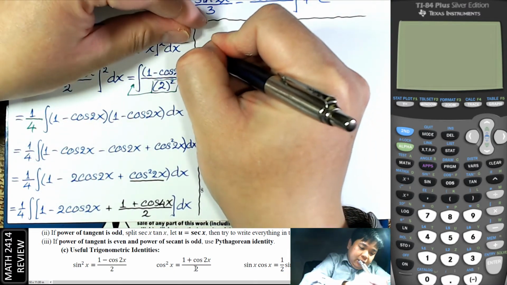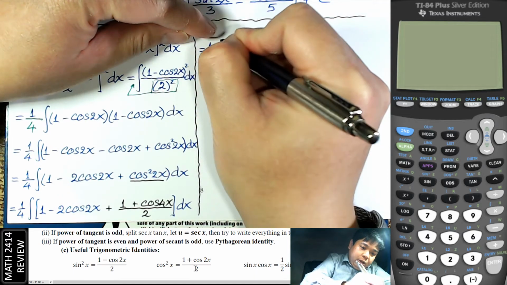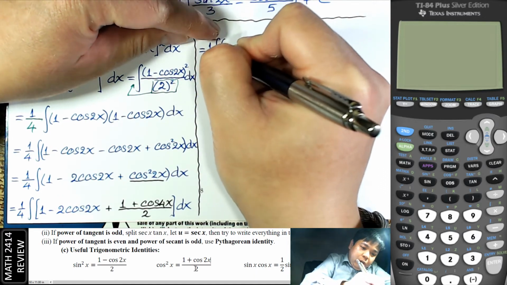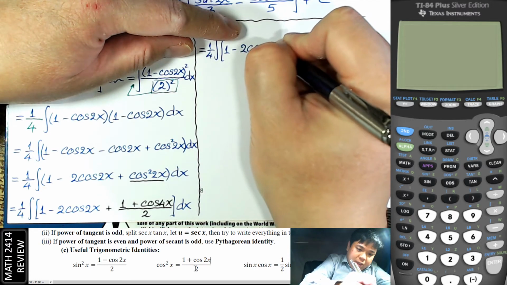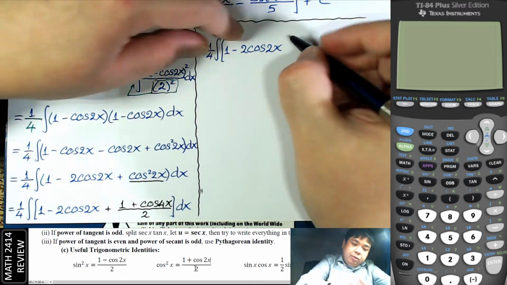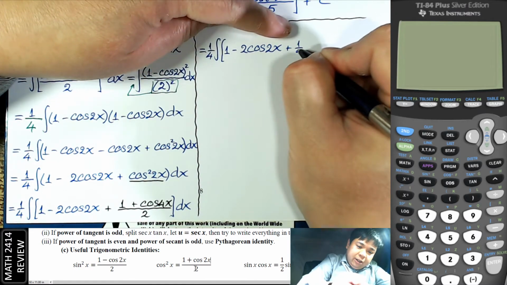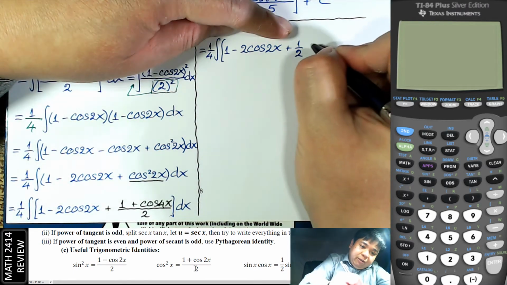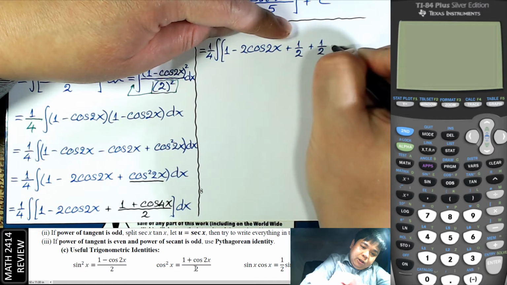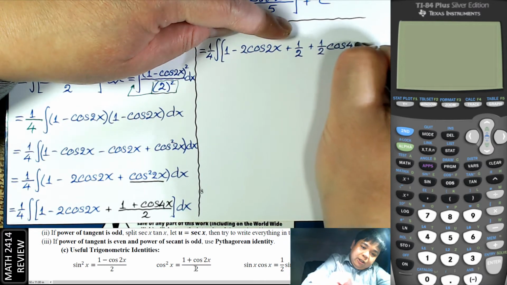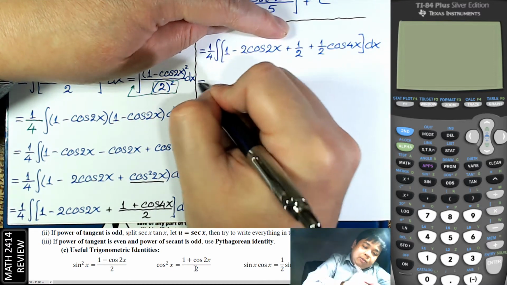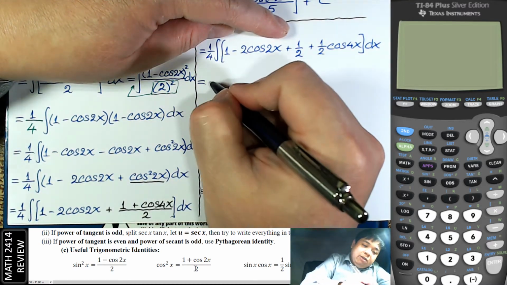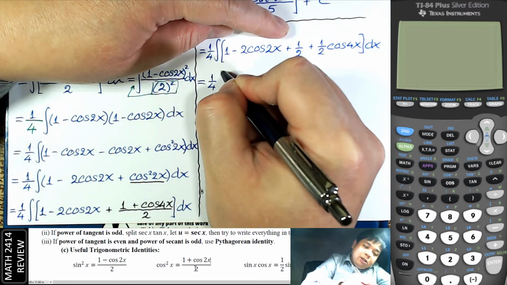Right. So we continue. 1/4 integral 1 minus 2 cosine of 2x plus 1/2 and plus 1/2 cosine of 4x dx. 1 and 1/2, that's 3 halves.